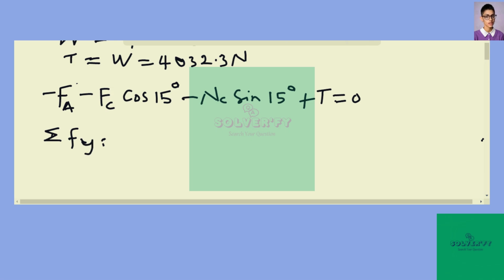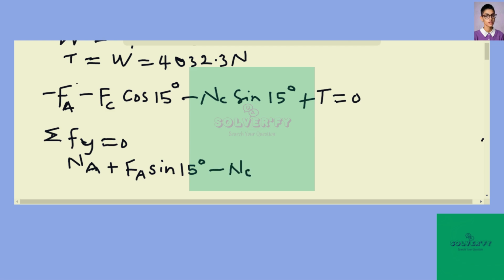If you do that, you're going to arrive at NA plus FA sine 15 degrees minus NC.